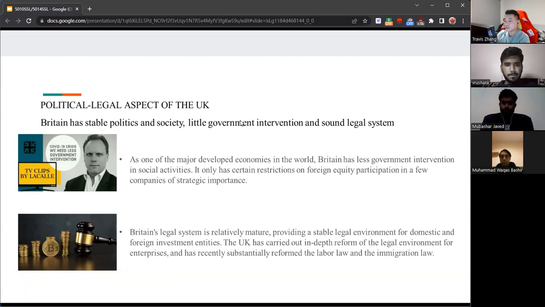It only has a certain restriction on foreign equity participation in a few companies of strategic importance. Britain's legal system is relatively mature, providing a stable legal environment for domestic and foreign investment entities. The UK has carried out an in-depth reform of the legal environment for enterprises and has recently substantially reformed the labor law and immigration law.